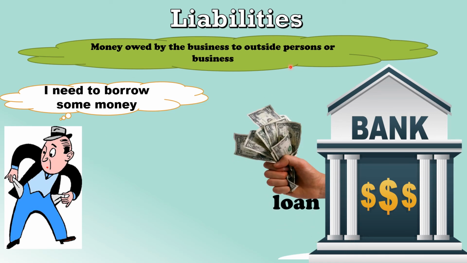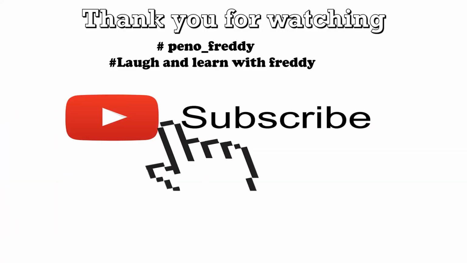So liabilities are like loans and creditors. Money owed by the business or by yourself to outside persons, like this bank, or businesses like this bank.